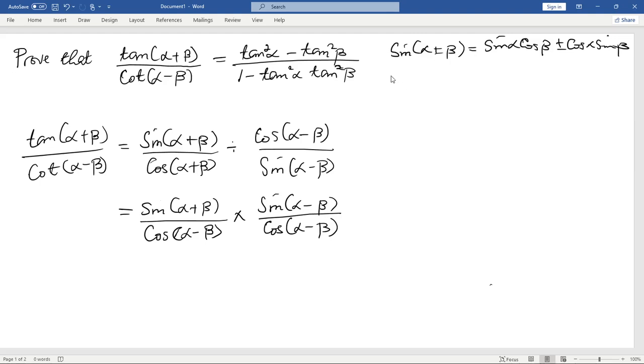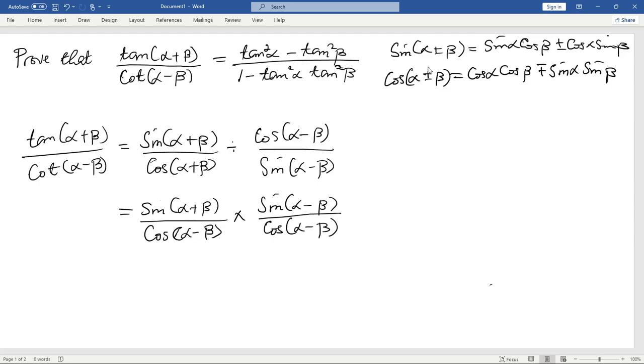Okay, so then here we know also that the identity of cos(alpha plus or minus beta) is the same as cos alpha cos beta, minus or plus sine alpha sine beta like this here.